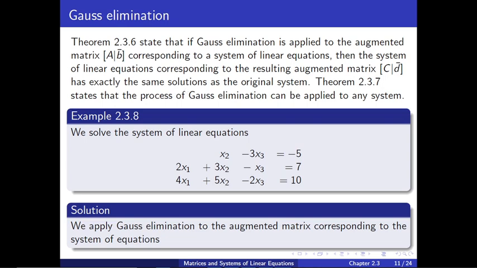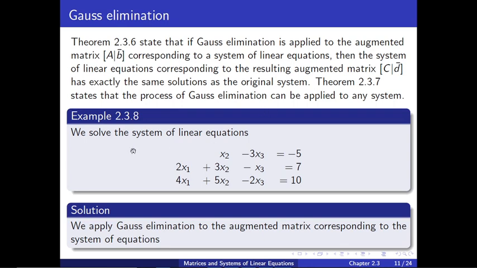And theorem 2.3.7 states that the process of Gauss elimination can be applied to any system. Right, so that gives us ammunition to be able to solve any system of linear equations. So let's look at an example where we are going to use Gauss elimination to solve the system.